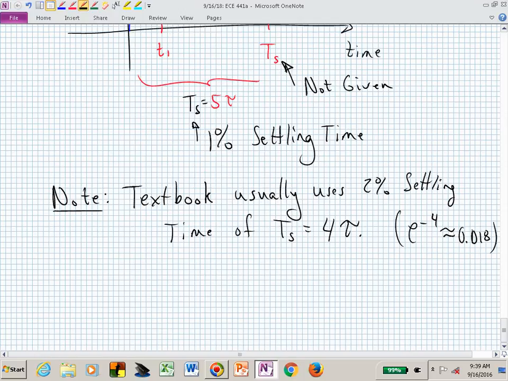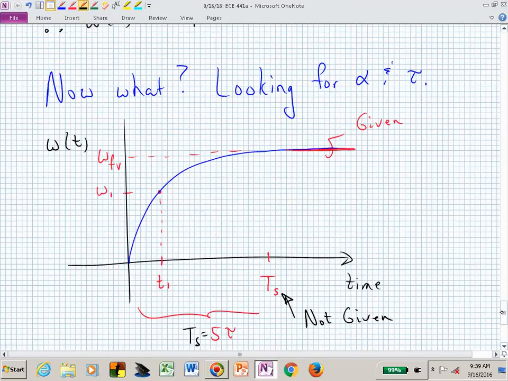Where were we going? Oh, we're still trying. We're buying time. We're thinking. We're trying to figure out how do I, but now maybe they've given you this time, T1, and they've told you that value, omega 1. But they did not give you the settling time.